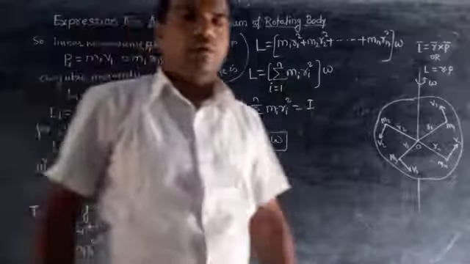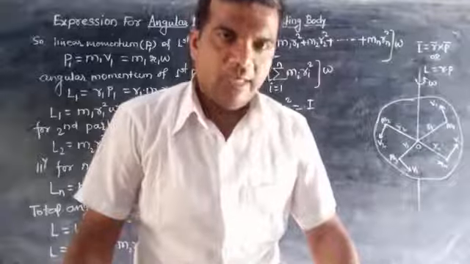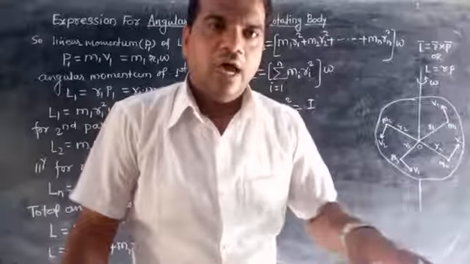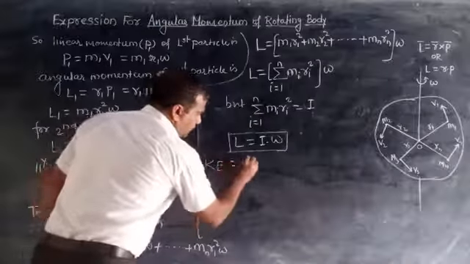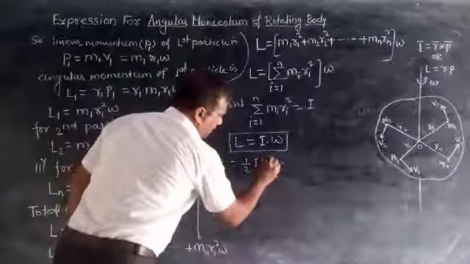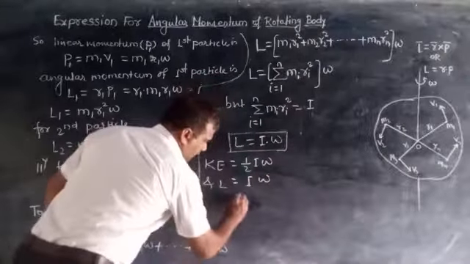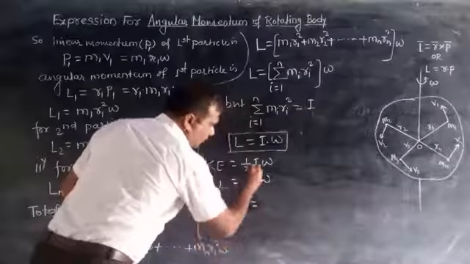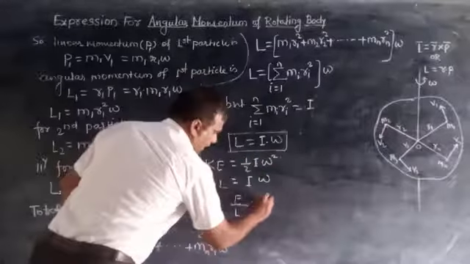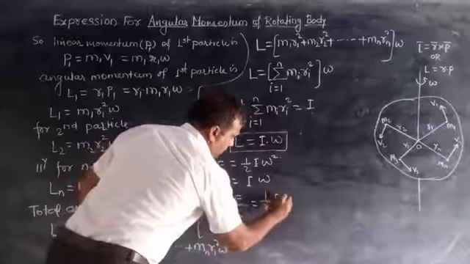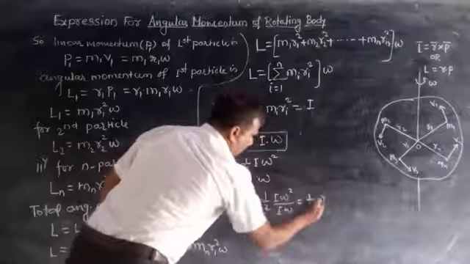Now we see the relation between the kinetic energy of a rotating body and the angular momentum of the rotating body. So kinetic energy E is equal to half I omega square and L is equal to I omega. Therefore E by L is equal to half I omega square upon I omega, which becomes half omega.